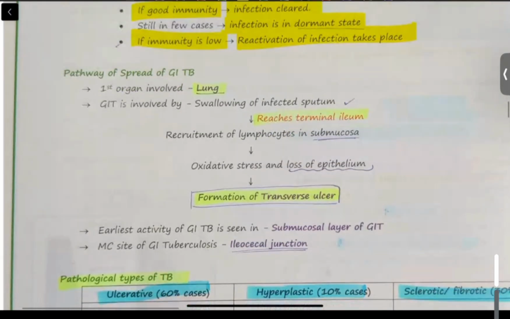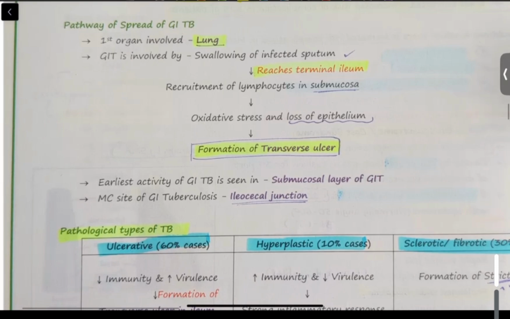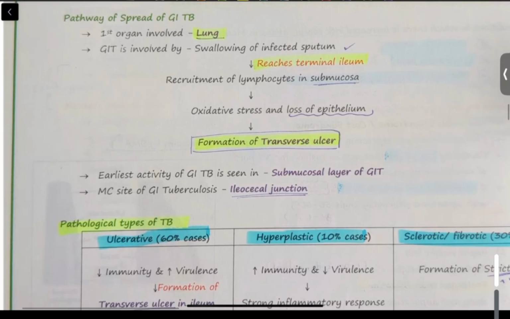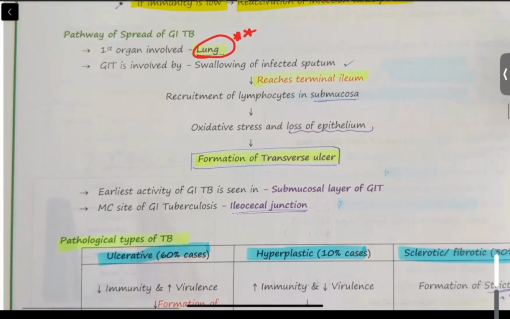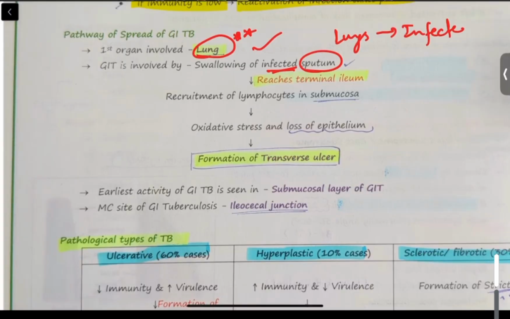So how does this tuberculosis reach the gastrointestinal tract? As we all know, it spreads through respiratory droplets, so the first organ involved is the lungs. From there, if the person swallows the infected sputum, it will come into the gastrointestinal tract.